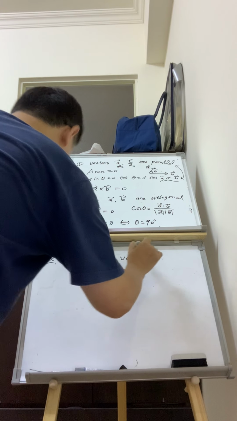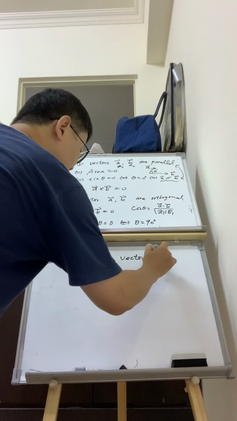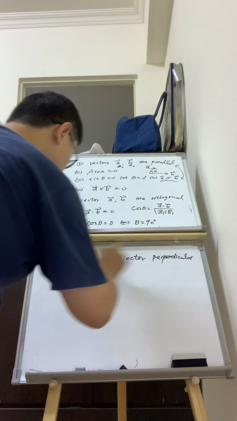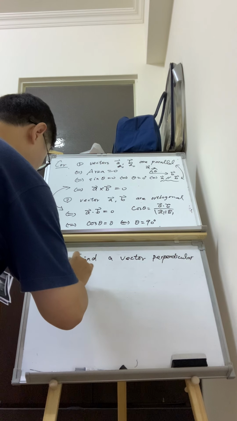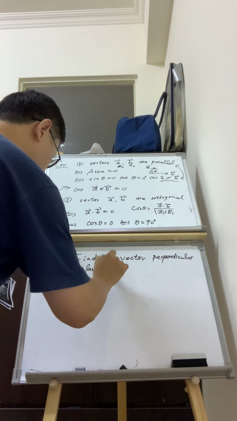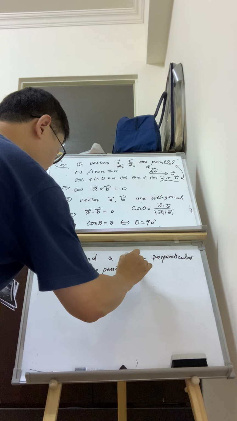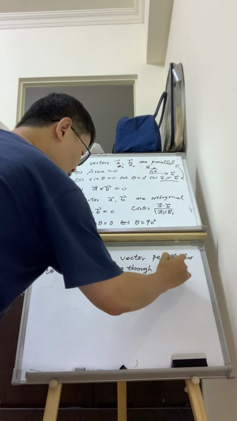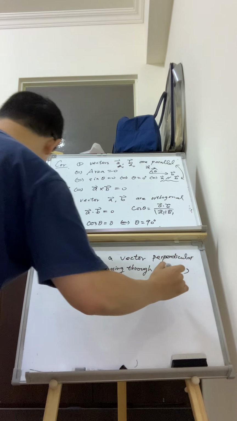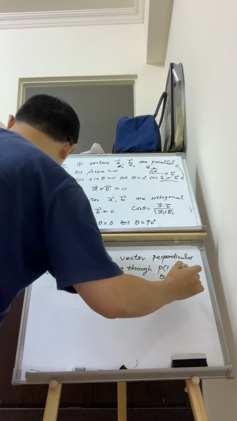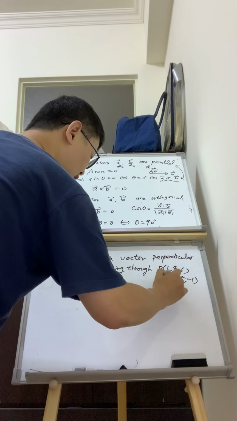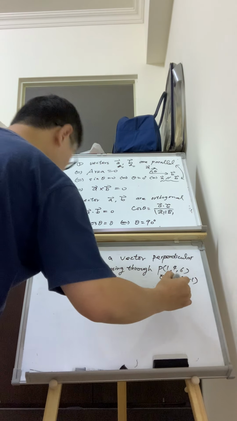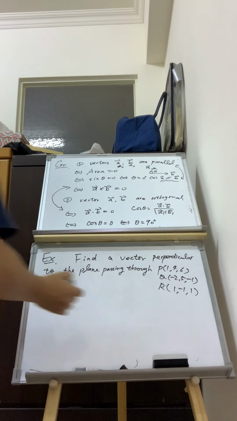For this example, we want to find a vector perpendicular to the plane passing through these 3 points: P(1, 4, 6), Q(-2, 5, -1), R(1, -1, 1).